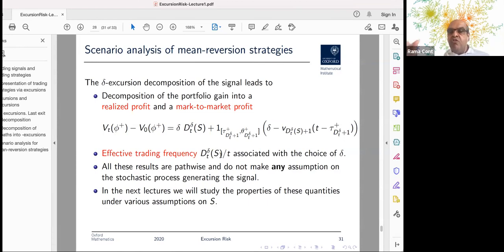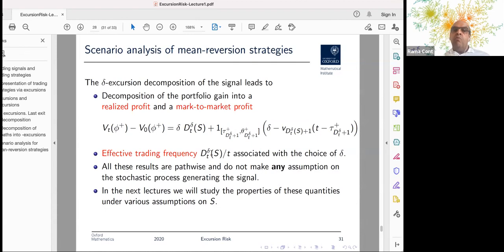If S is a smooth function, the crossings will be well separated, so if you decrease delta to 0, you will not increase the effective trading frequency beyond a certain level, because you cannot cross more than a certain number of times if S is a smooth path. But if S has a rough texture, for example the path of a diffusion or some fractional Brownian motion, then the effective trading frequency will depend strongly on delta and can do funny things.